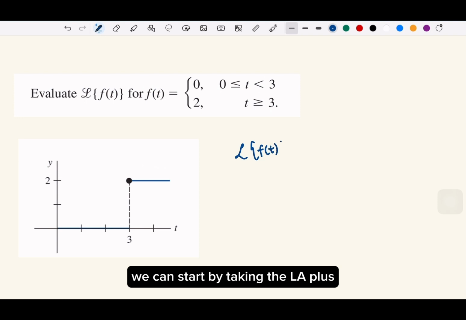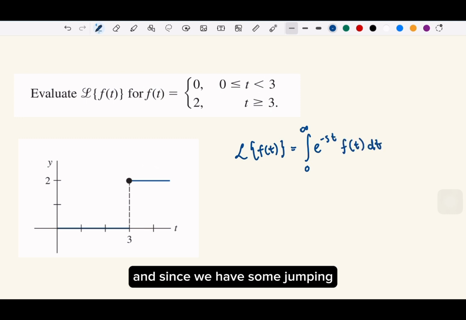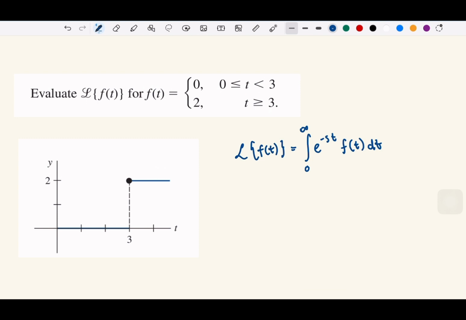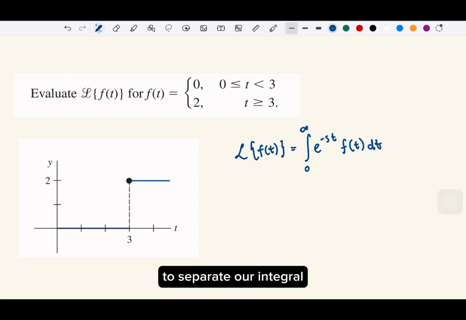We can start by taking the Laplace. And since we have a jump discontinuity, we can use that point, at t equal to 3, to separate our integral.